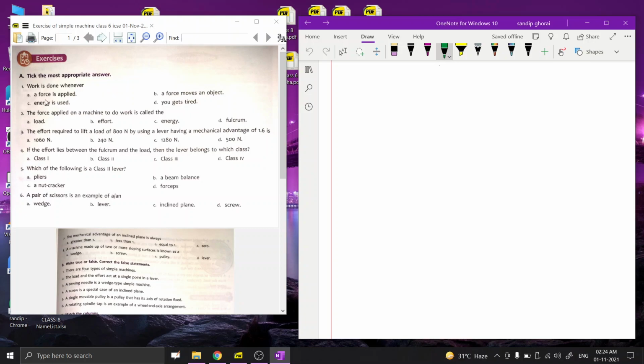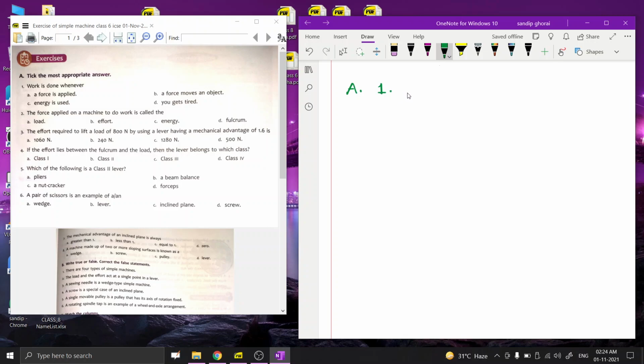Okay, here at first question, work is done whenever the options are: a force is applied, a force moves an object, energy is used, and the fourth one is you get tired.